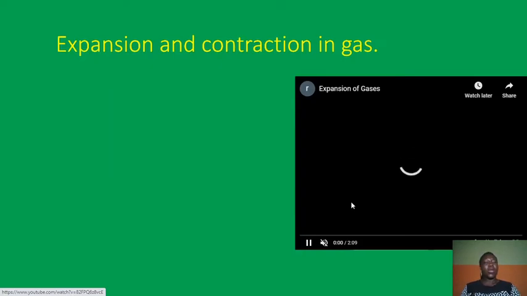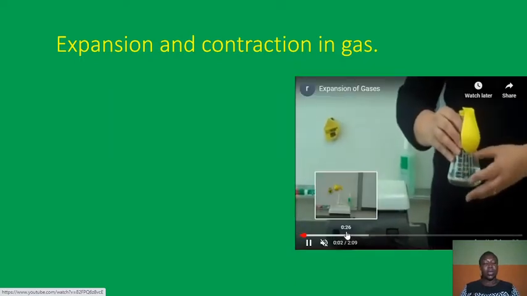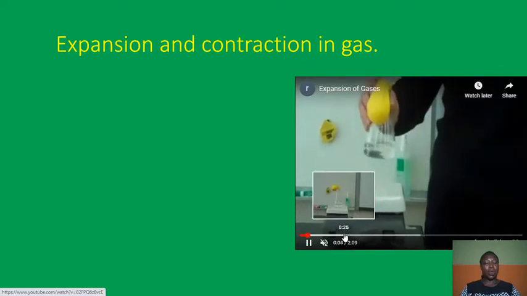Once the conical flask is placed on the heater and it is covered with a deflated balloon, as the temperature of the water begins to rise, we see that the deflated balloon begins to increase. That's the diagram, it's just coming up.